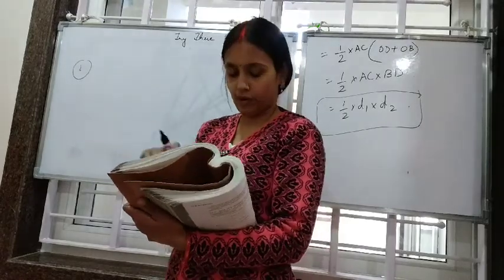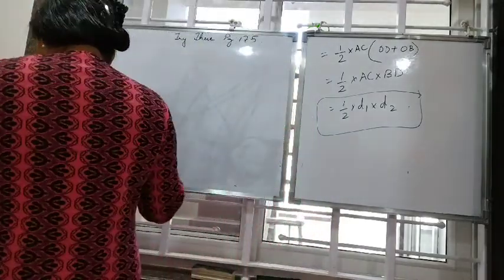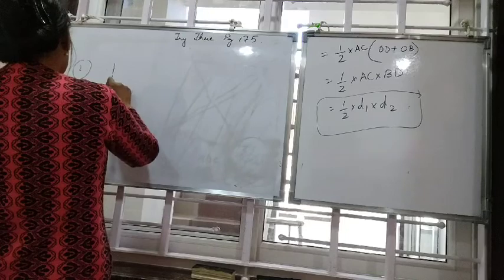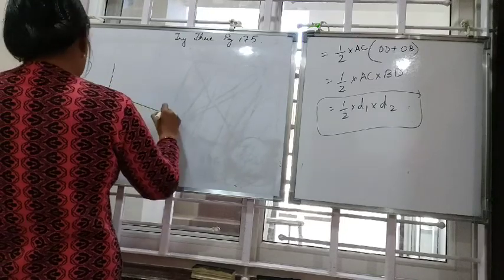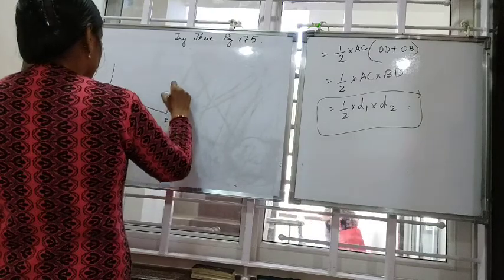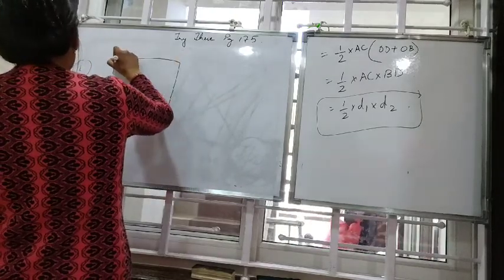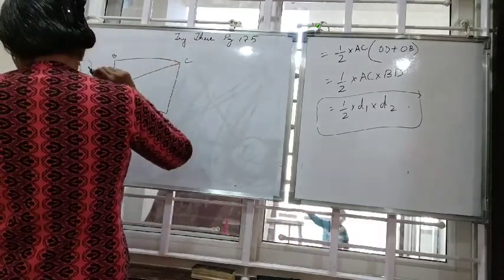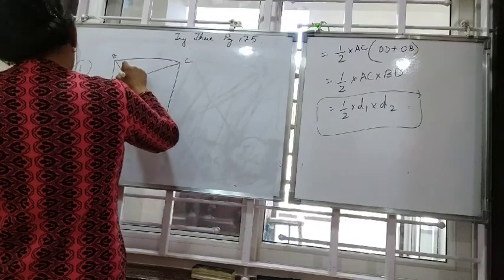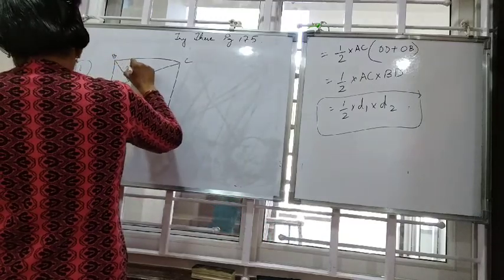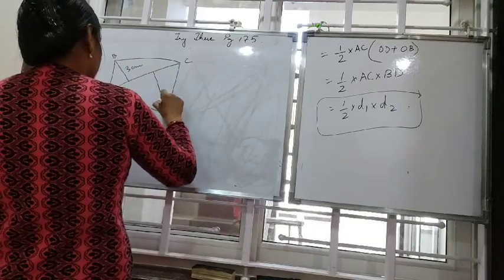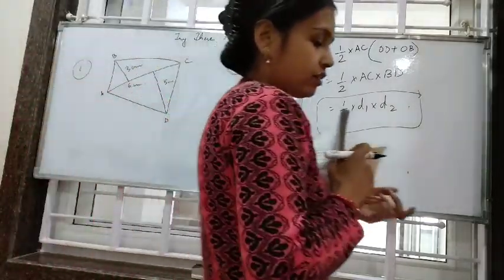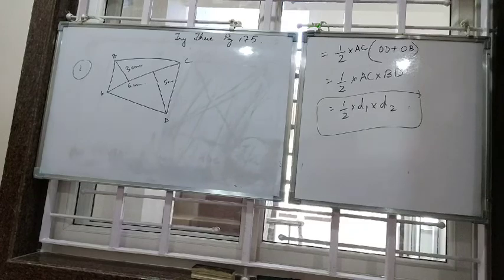We are doing it in the book, but let me make the diagram. So this is the diagram. As you can see, we have to find the area of this quadrilateral.